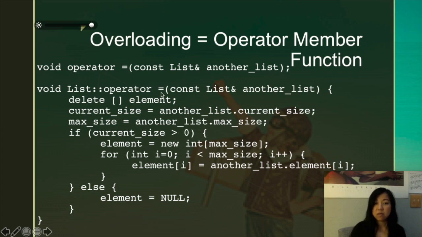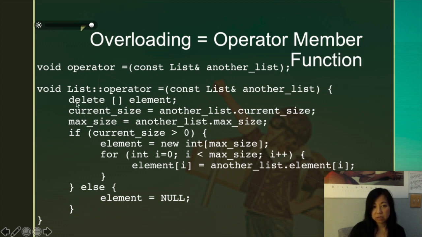It's implemented as a member function, so it's not a friend function at all. And so the element, the current size, the max size are actually within me. That's how you can implement it, just like the copy constructor.